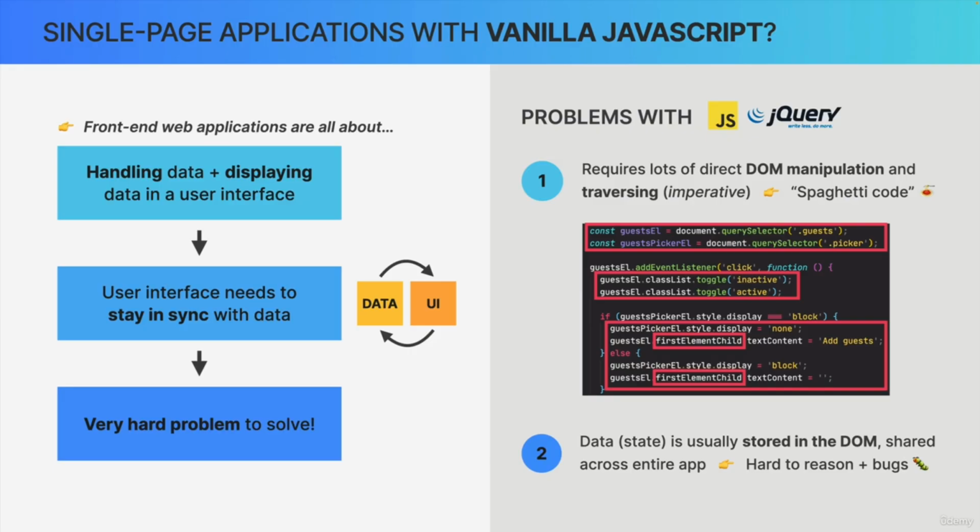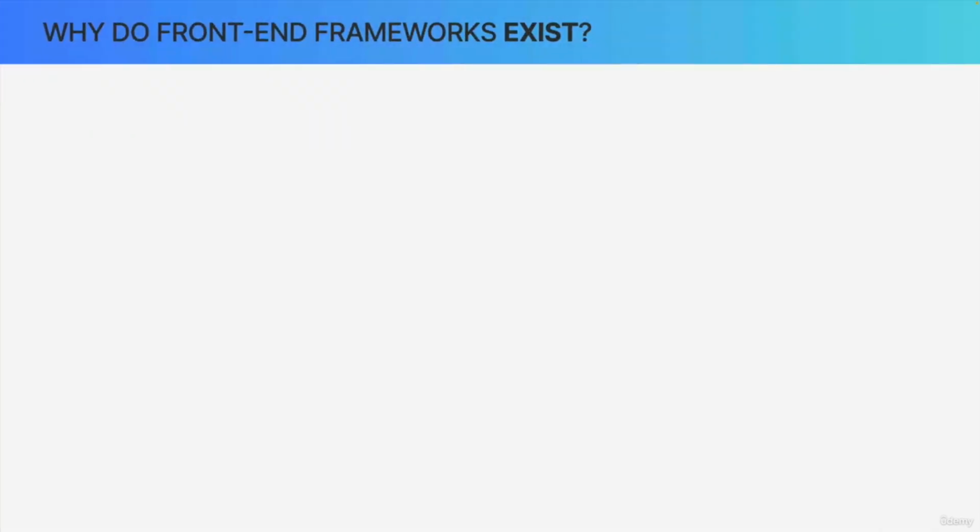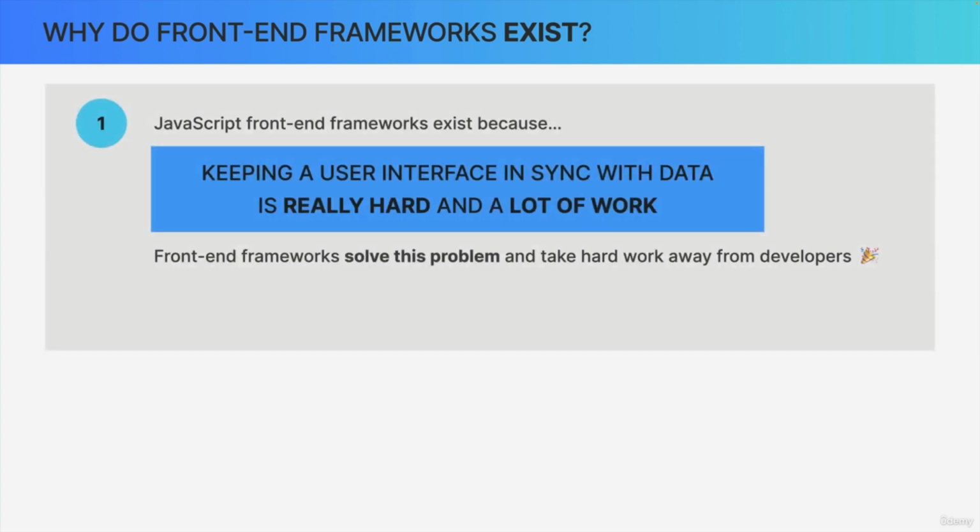Alright, so now that we know why it's so hard to write a single-page app with just JavaScript, we can answer the fundamental question that we asked in the beginning. So, why do front-end frameworks actually exist? Well, we kind of already answered that question over the course of this lecture. So, the big fundamental reason why these frameworks exist is because keeping a user interface in sync with data is really hard, and it's a lot of work too.